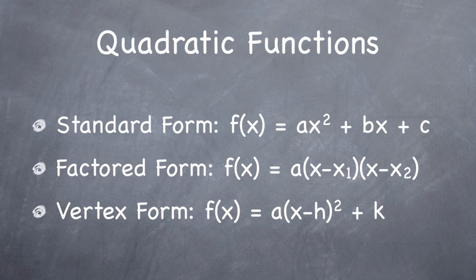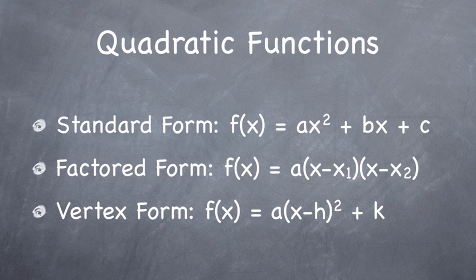So a quadratic function, so if we have our function equals one of these second degree polynomials, the shape that its graph is going to take is that of a parabola, and vice versa. If we have a parabola, it's described by a quadratic polynomial. We've got three common forms to put our quadratic functions in.